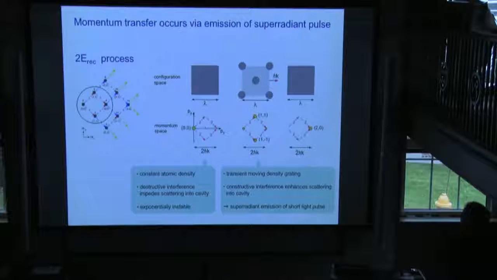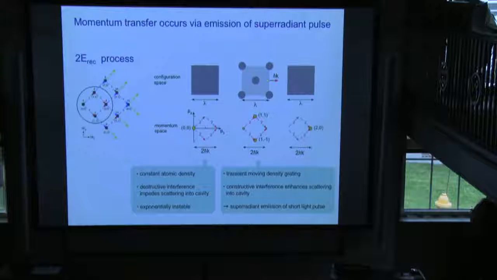Once you populate the 1-1 state a little bit, a moving lattice arises, a lattice that is fulfilling the Bragg condition for further scattering. So this lattice is exactly what you need to have scattering consecutively interfering for every lattice site.